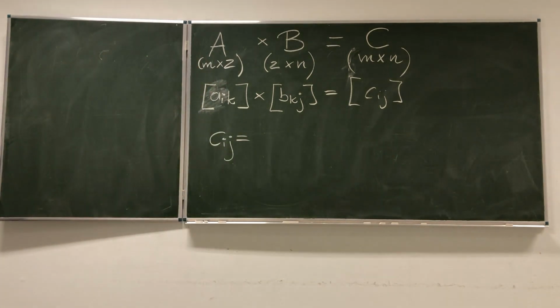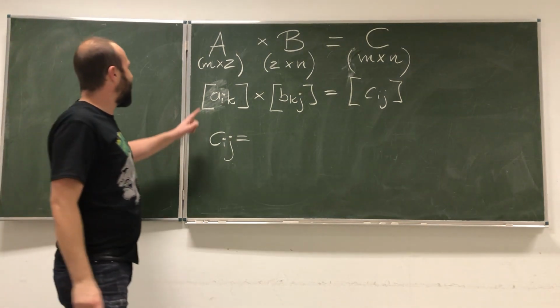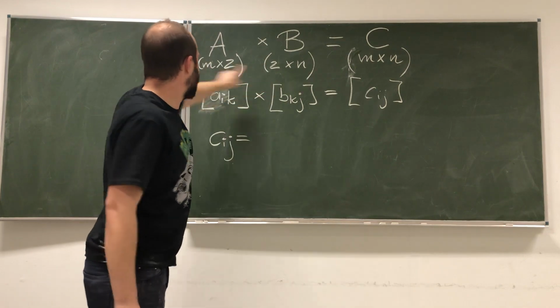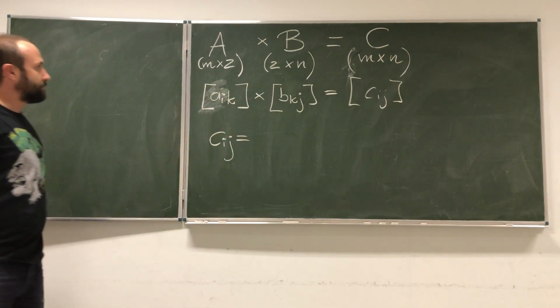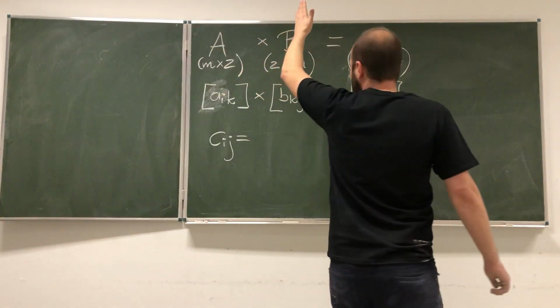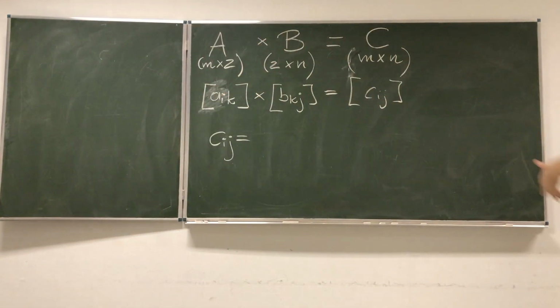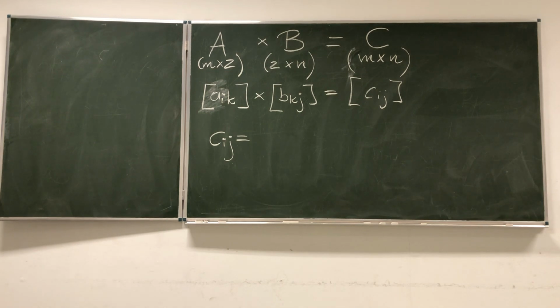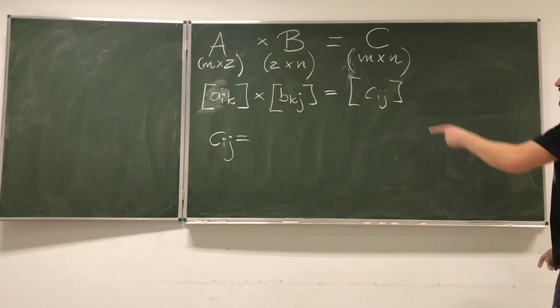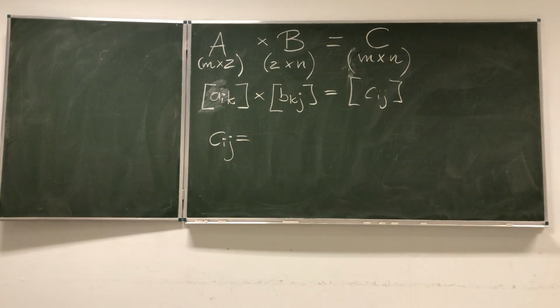Because look, how will I be able to find element Cij? When we multiply matrices, we multiply every row from the first matrix by every column from the second matrix. And how do we do it? We multiply corresponding elements. So if I want to find element Cij, what do I need to multiply?